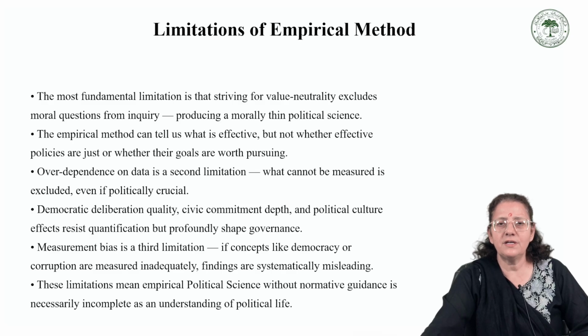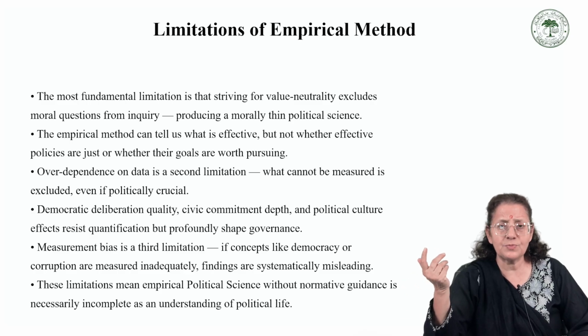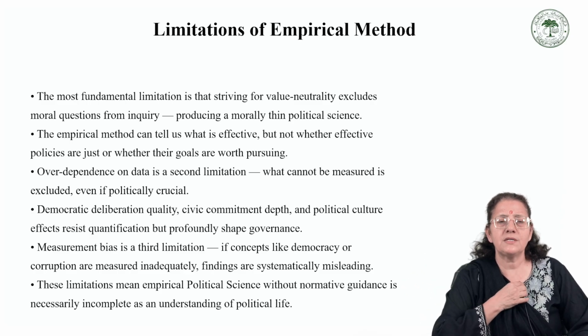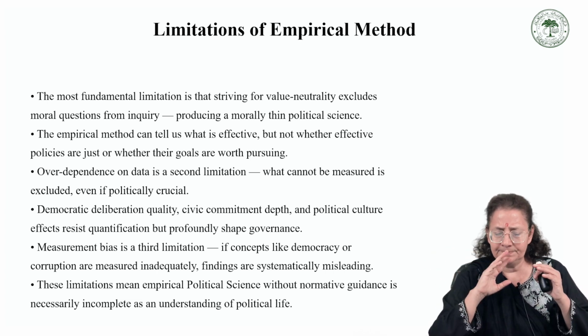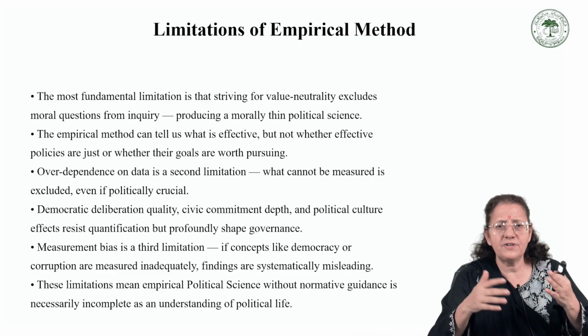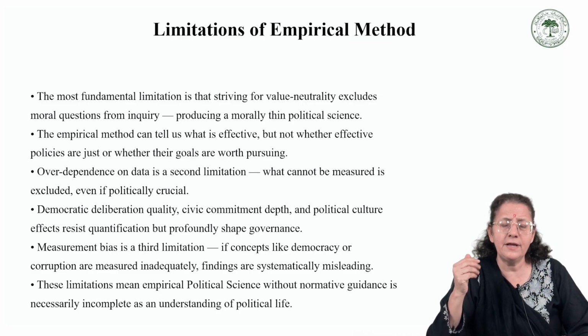The second major limitation is overdependence on data. The empirical method studies what can be measured, but many of the most politically important phenomena are extremely difficult to measure. Even if measured empirically, value content or relativity automatically creeps in.